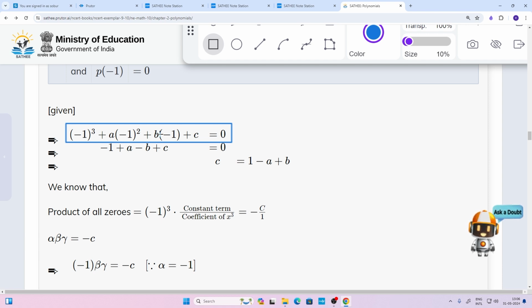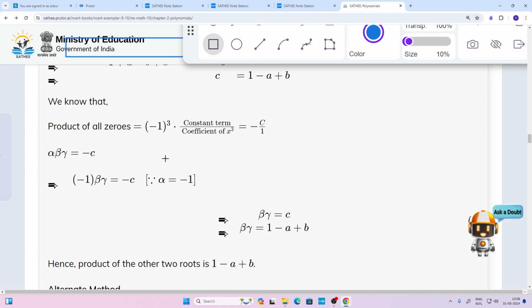If we simplify this equation, then we get c equal to 1 minus a plus b. And we know the product of all zeros is equal to minus 1 times the constant term divided by the coefficient of x cube. Here the constant term is c, so this is equal to minus c over 1, since the coefficient of x cube is 1. So alpha beta gamma is equal to minus c, and one zero is given as minus 1.